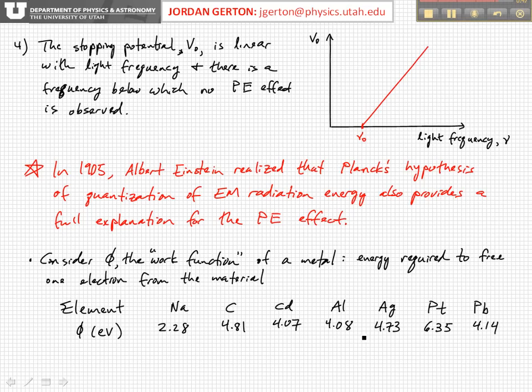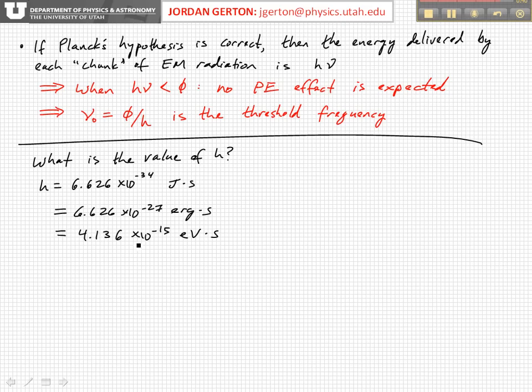So if you have phi, the work function, on the order of a few electron volts, and Planck's constant is something like a few times 10 to the minus 15 electron volts seconds, then that tells you that the light frequency has to be on the order of 10 to the 15th inverse seconds, or 10 to the 15 hertz, in order for the electromagnetic radiation to be able to kick out even a single electron.